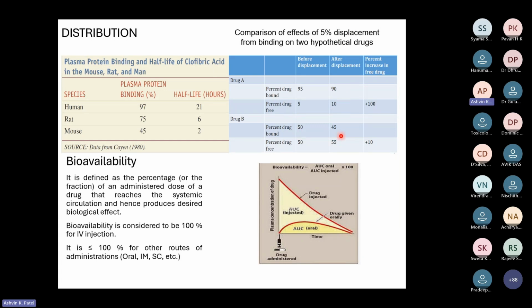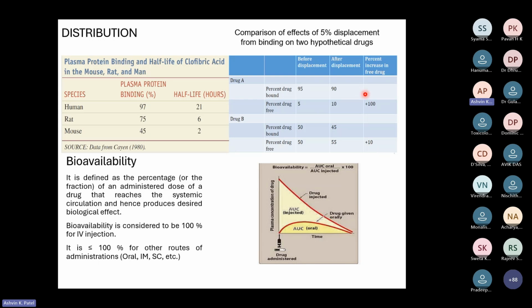Similarly, in drug B, it becomes 45% bound and 55% free. But when we check the percent increase in free drug, drug A shows 100% more free drug availability compared to before displacement, and drug B only 10% more free drug available.